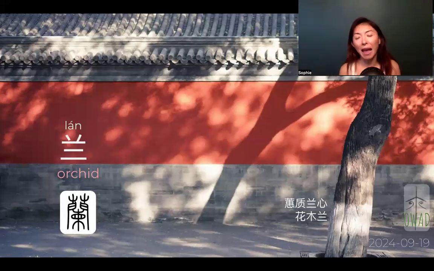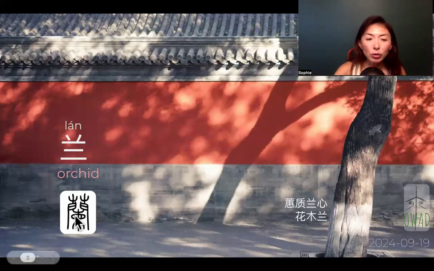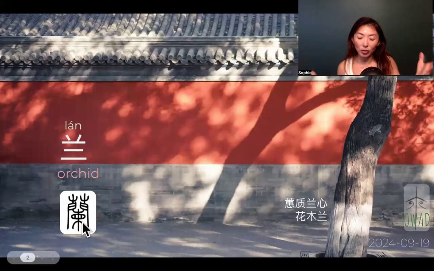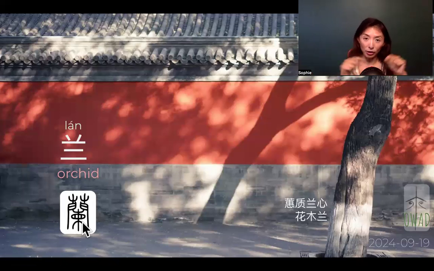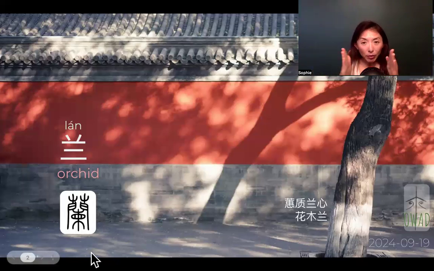So this oval shape actually means a binder that combines all the twigs and branches that come from the tree together. That combination, without the two vertical lines in there, means a bunch of something. So things are bundled together with this oval shape. Now, with the two little vertical lines in there, that means separating.